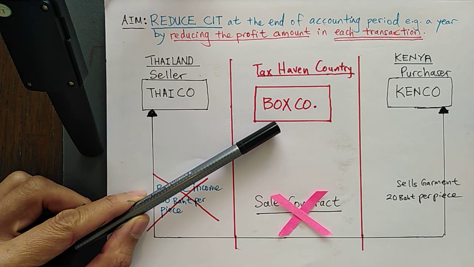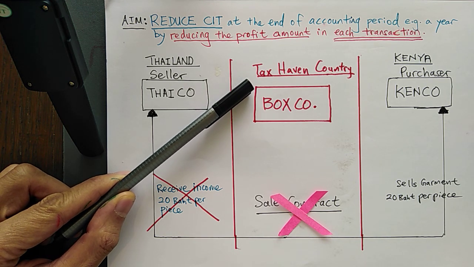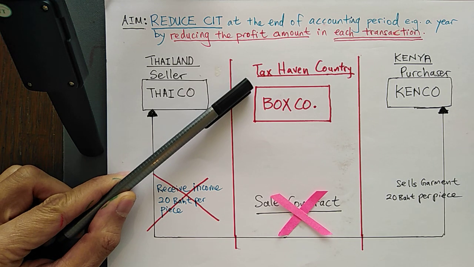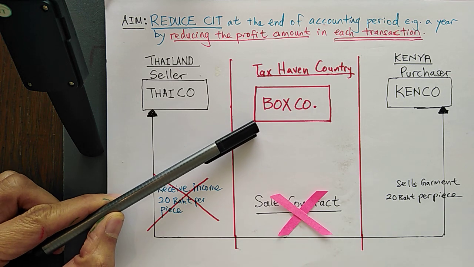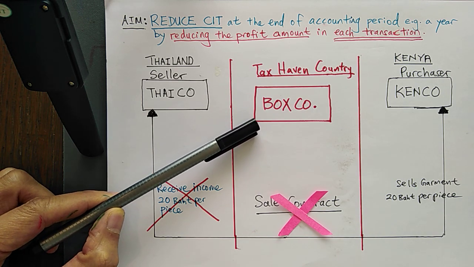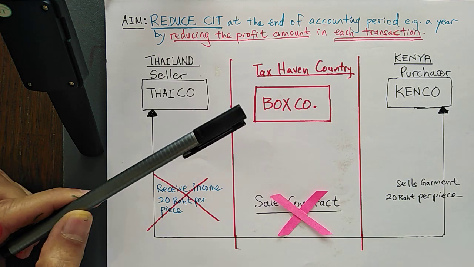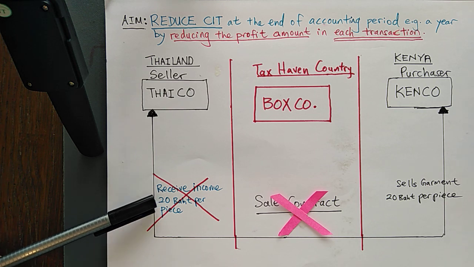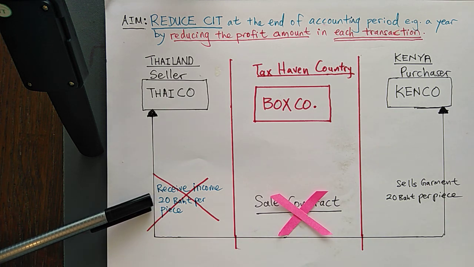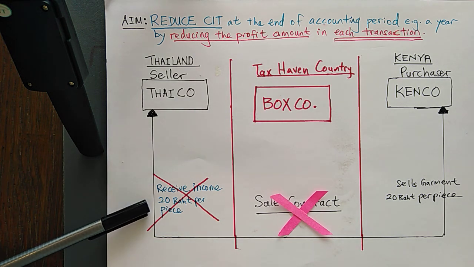And as your notes have already explained to you, a tax haven country is a country that has jurisdiction or laws providing no corporate income tax or very little corporate income tax. So the aim of transfer pricing now is to try and somehow move the profit in this 20 baht across into this box company, not have the profit of 20 baht come here.